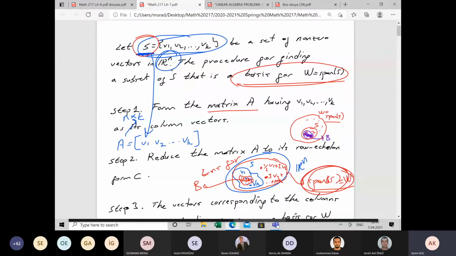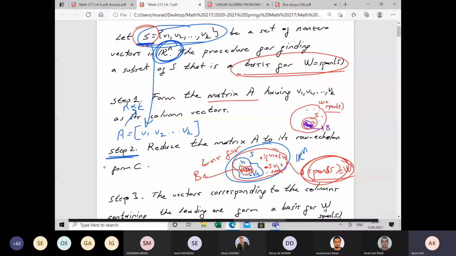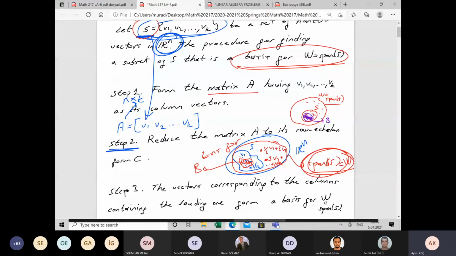The second step: reduce this matrix to row echelon form, which means use elementary row operations, and we get another matrix in row echelon form.